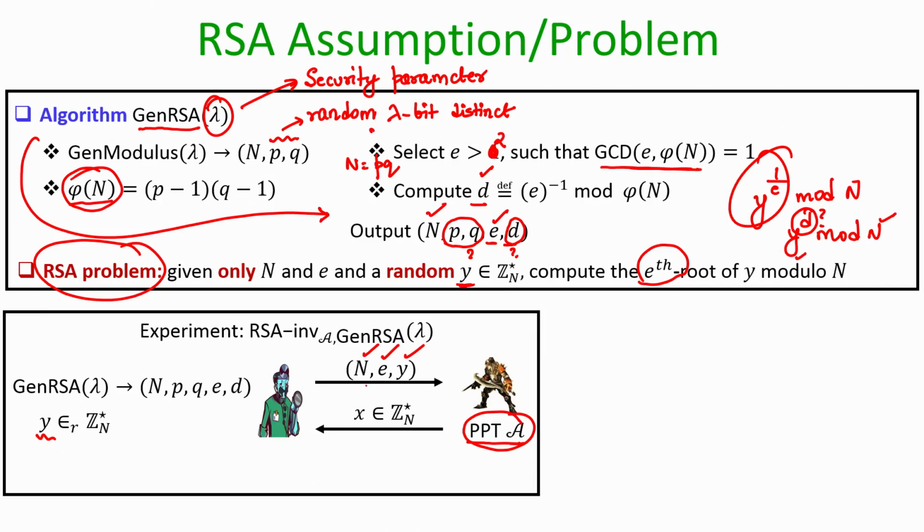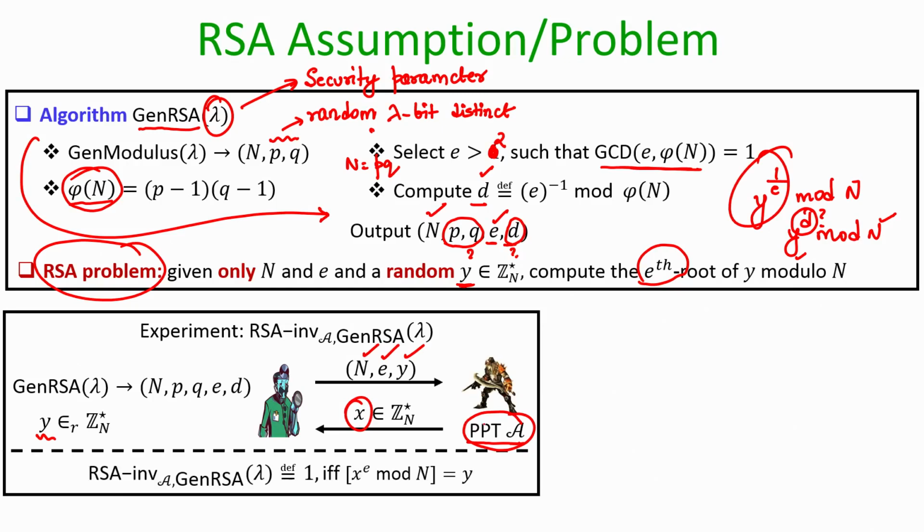So, he knows that y to the power d modulo n has to be an element of Z_n star. So, his response should be some element of Z_n star. How he has computed that response, we do not know. Now, we will say that he has solved the RSA problem, or he has won the experiment, which is denoted by saying that the output of this experiment is 1, if and only if he has indeed computed y to the power d modulo n correctly.